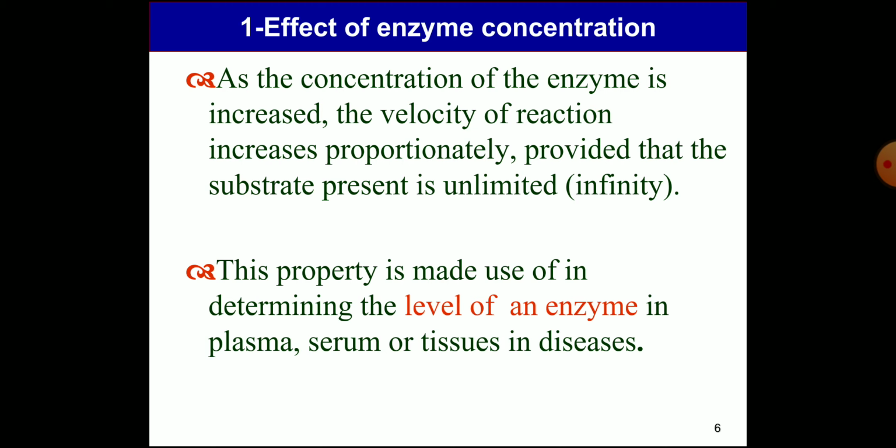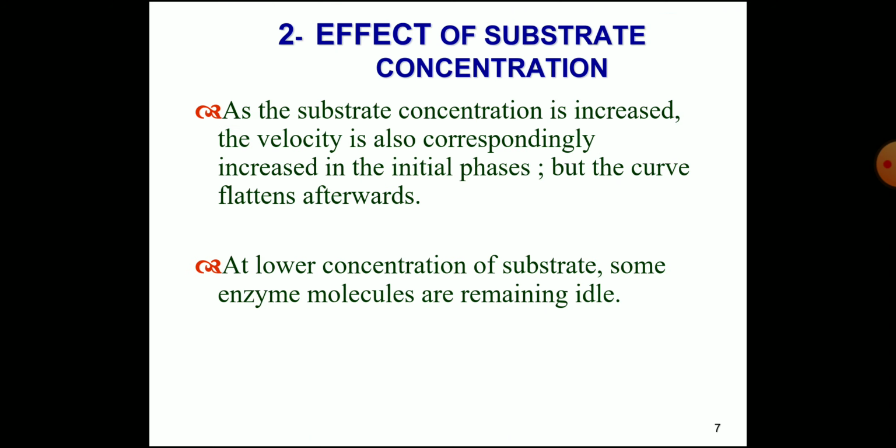This property is made use of in determining the level of enzyme in the plasma, serum or tissues in diseases. So its importance is that using this principle, we can estimate the level of the enzyme in blood, plasma or tissues to diagnose certain diseases.